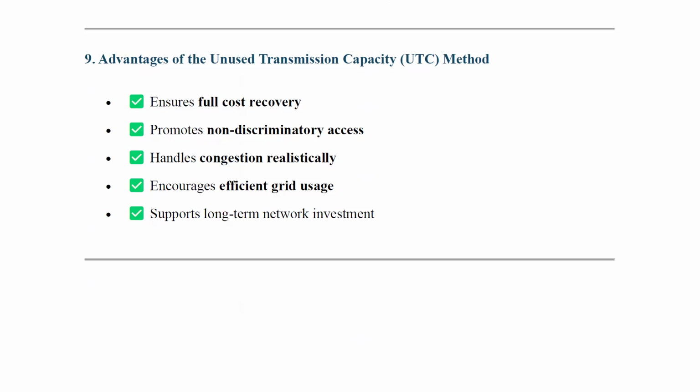It is open to everyone who is generating power. It also handles congestion realistically, encourages efficient grid usage, and supports long-term network investment. So these are the advantages of the unused transmission capacity method.